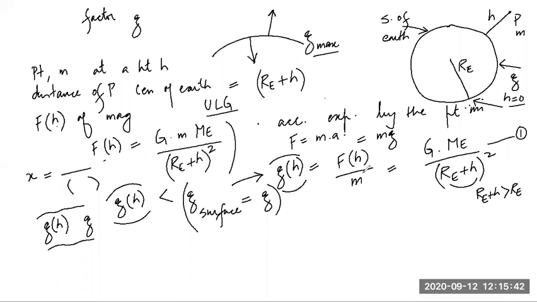Yes students, I can always name this equation as 1, which gives me the value of acceleration due to gravity with varying heights above the surface of Earth. So I can always rewrite this equation as, next page, g of h is equal to the universal gravitational constant into M E, that is mass of Earth, divided by (R E plus h) whole square, right?